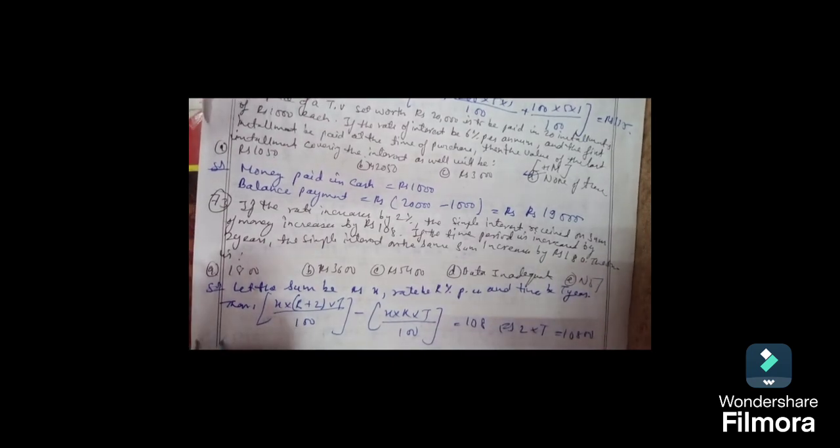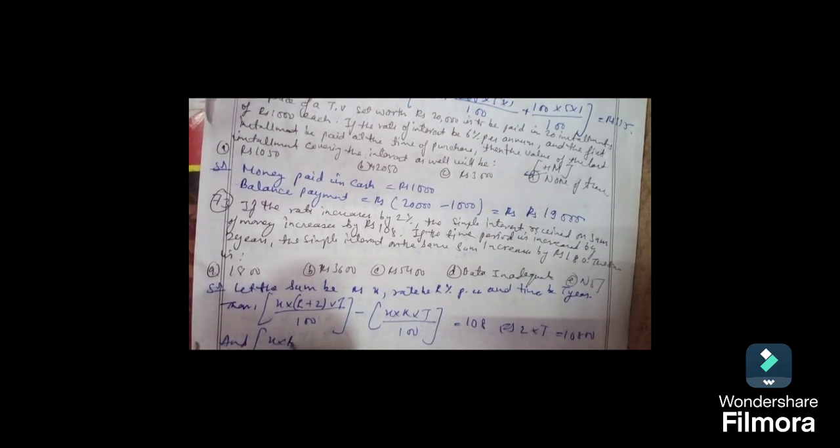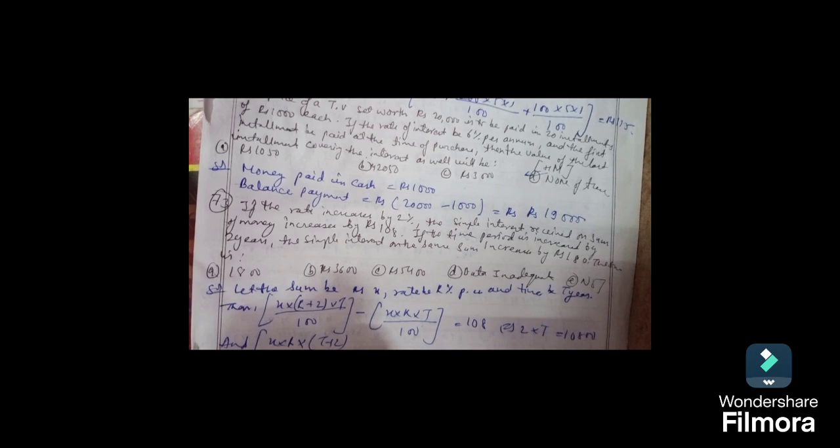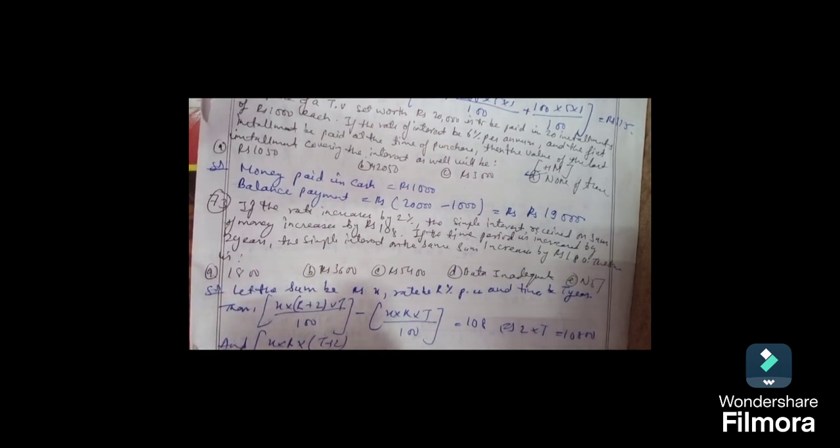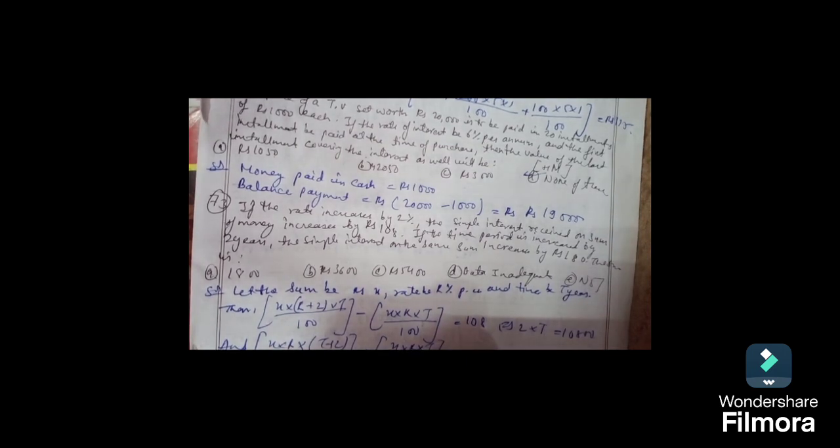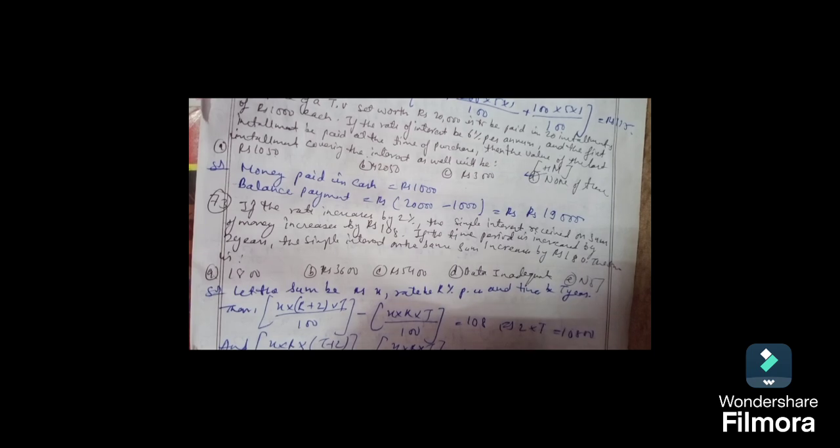Now X into R into (T plus 2) upon 100 minus X into R into T upon 100 equals 180, so 2XR equals 18,000.